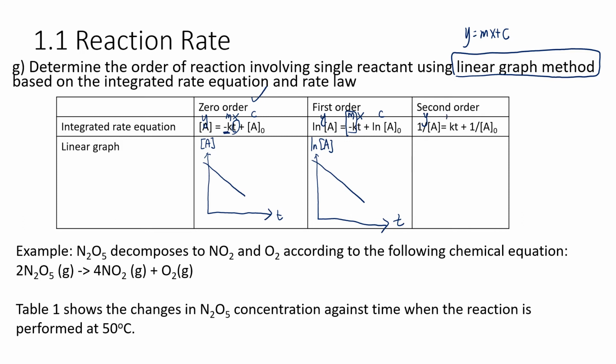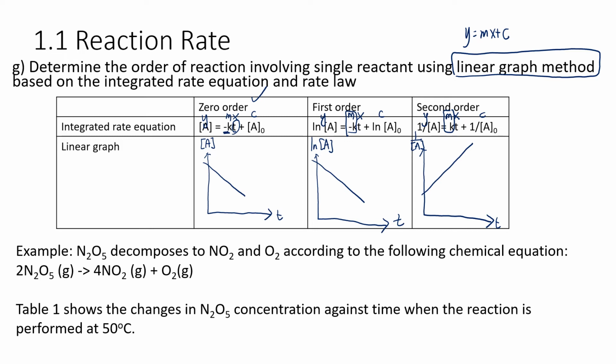The gradient is equal to the rate constant, your x is the time, and 1 over initial concentration is your y-intercept. So for second order reaction, the linear graph you need to plot is 1 over remaining concentration of reagent versus time, and it is an upward sloping linear graph because the gradient is equal to the positive rate constant.